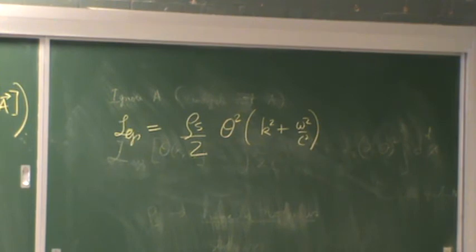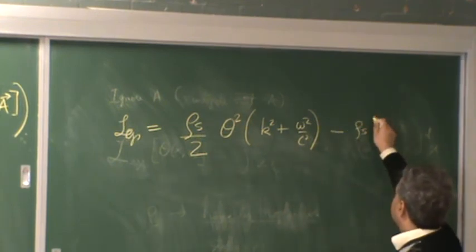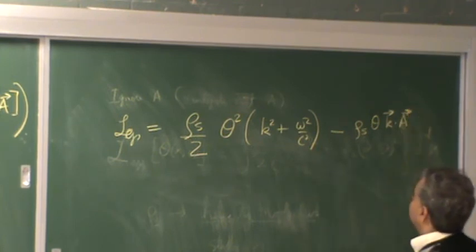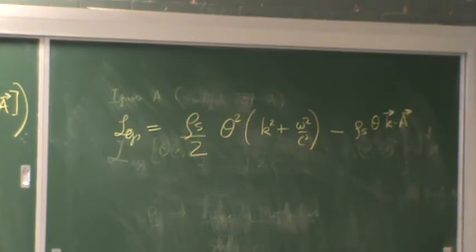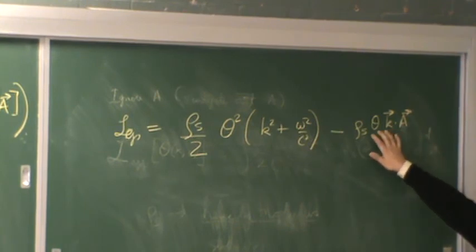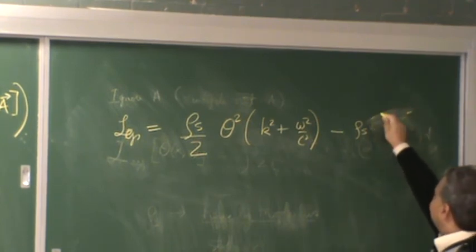And then I have the cross term of these two. So minus rho s theta is k dot a. So there is a term linear in A which couples to k times theta, which is the same, but let me write it out as a dot grad theta.